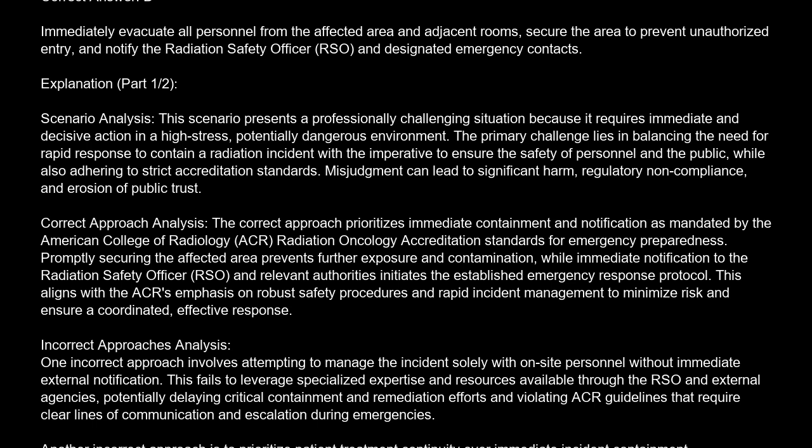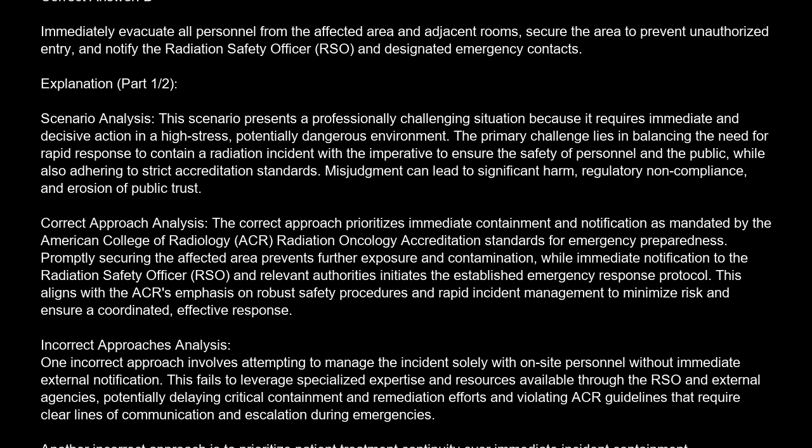Promptly securing the affected area prevents further exposure and contamination, while immediate notification to the Radiation Safety Officer, RSO, and relevant authorities initiates the established emergency response protocol. This aligns with the ACR's emphasis on robust safety procedures and rapid incident management to minimize risk and ensure a coordinated, effective response. Incorrect approaches analysis.